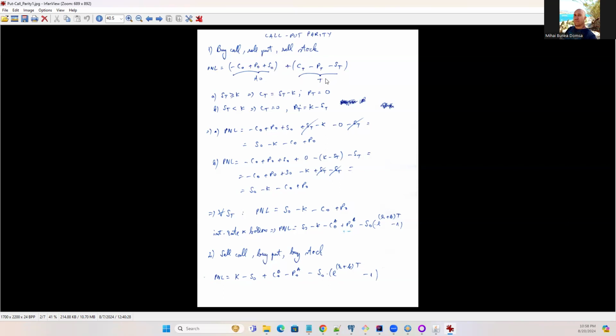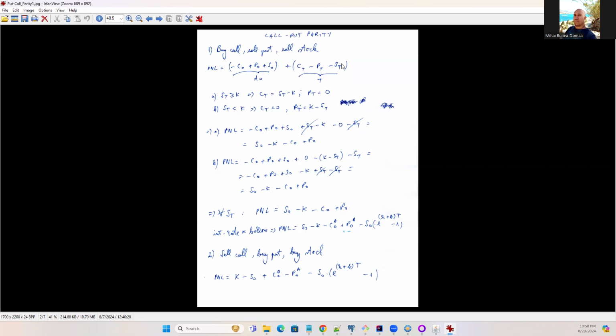Time passes, goes to expiry, so time t. You have to close the position. So you bought the call, now you have to sell it. So you make money, that's why the plus. How much money? The call price at moment t, at expiry. You sold the put at inception, you buy it back at the end, so minus how much it costs at that time.